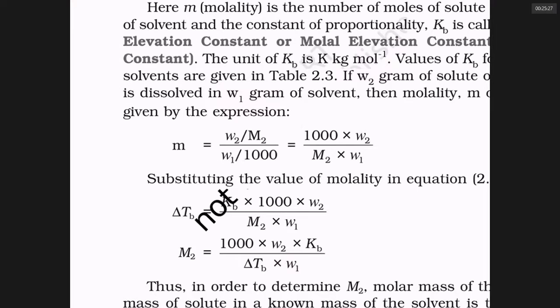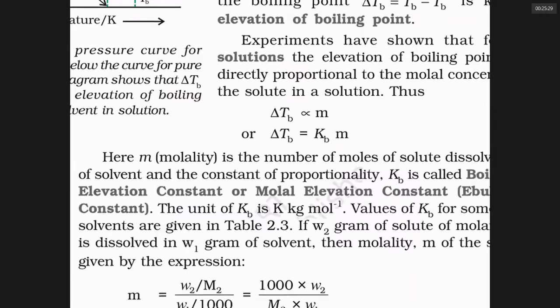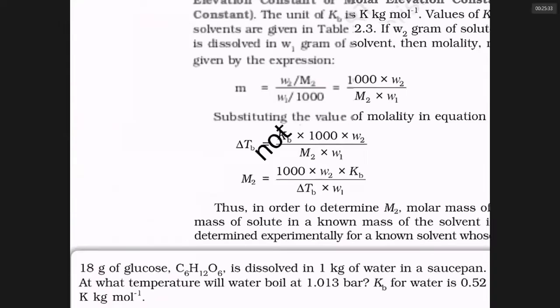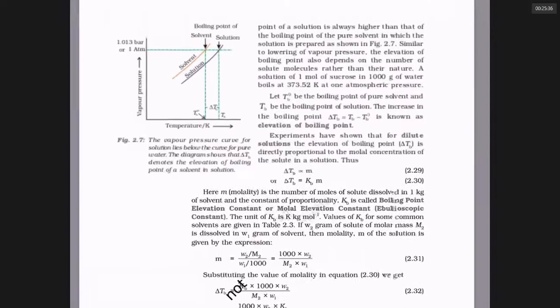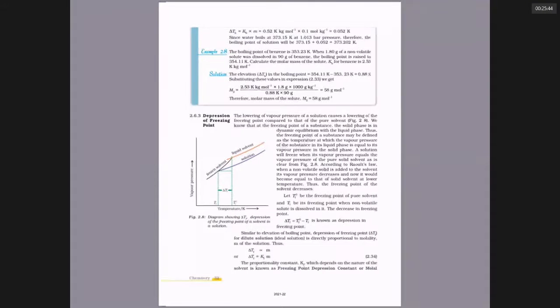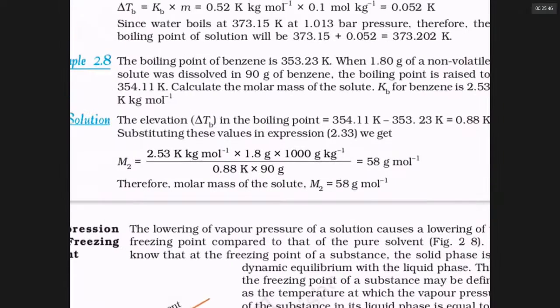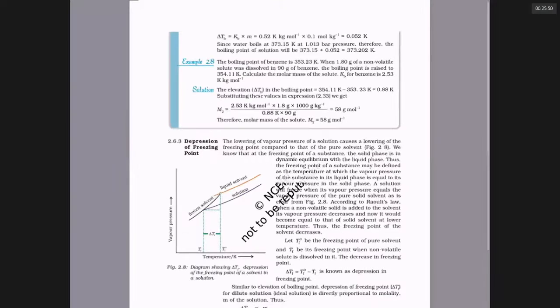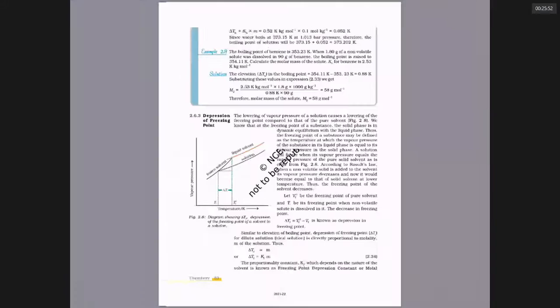Kb is called the molal elevation in boiling point constant, and thermodynamics has given me a relation. Kb is related to the heat of vaporization. What Kb is has not been discussed in the NCERT book. Let me see whether they discussed it anywhere else.